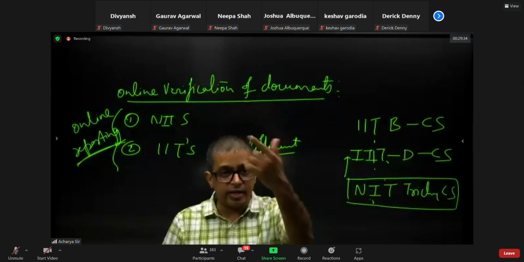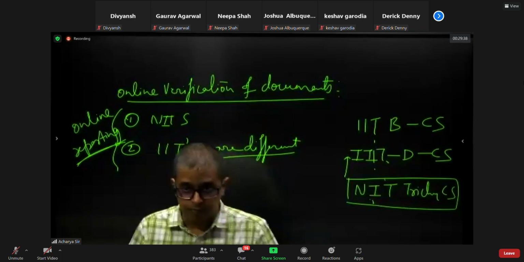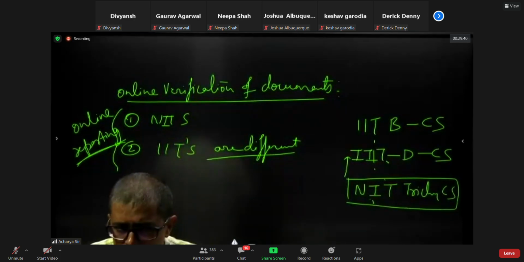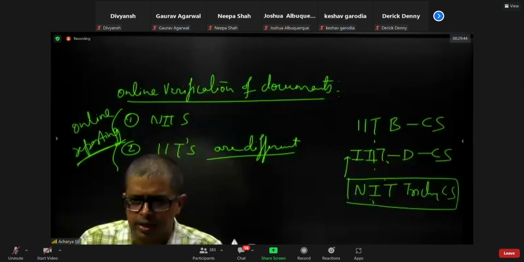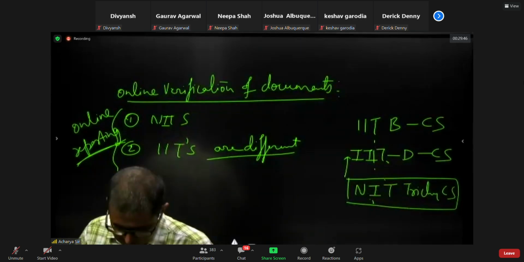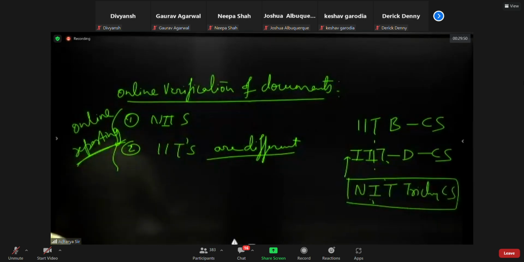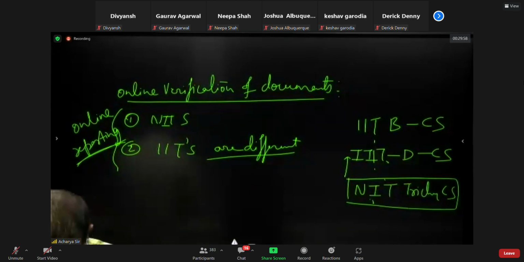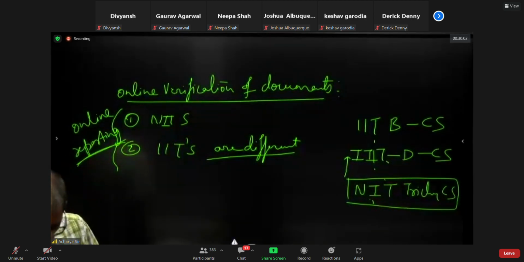In that reporting, they'll ask you to upload whatever documents they ask, do upload them. Queries will be raised and you can change the document. Madam has answered it. Right. Now, online reporting NIT is the responsibility of the candidate to regularly check the online portal and respond to the queries. Right. Seat allotment in IIT subsequent rounds automatically cancels.